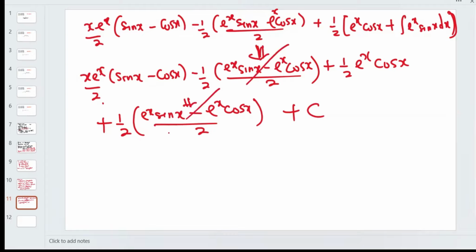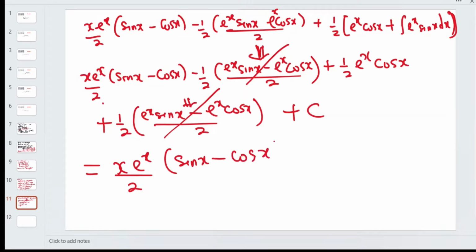So I can say this cancels out this, and at the end of the day, I'm going to have x exponential x over 2 into sine x minus cos x plus half of x exponential cos x, right, plus c.